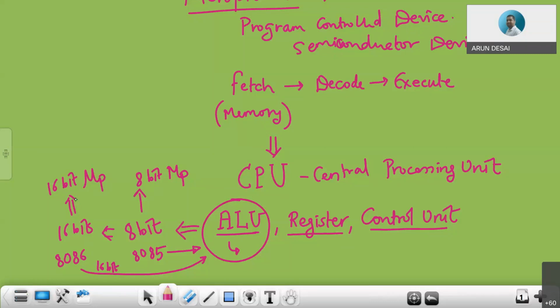So what is my size of ALU? If it is 8-bit, then the microprocessor is treated as an 8-bit microprocessor. If it is a 16-bit ALU, then my microprocessor is treated as a 16-bit microprocessor, right? So this is the basic, brief introduction of the microprocessor.